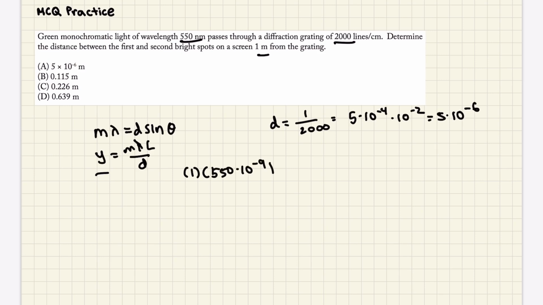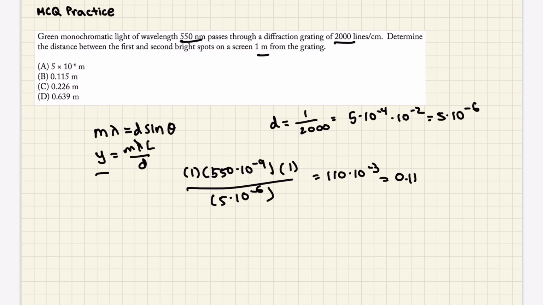So 550 times 10 to the power of negative 9, and then times L, which is 1, over D, 5 times 10 to the power of negative 6. Plug it into your calculator, you're going to get 110 times 10 to the power of negative 3. And if you were just to simplify that into more readable or more common terms, such as 0.11, that is y.